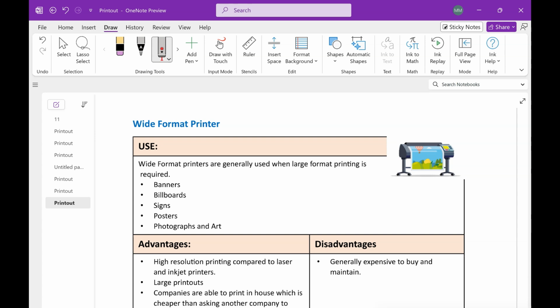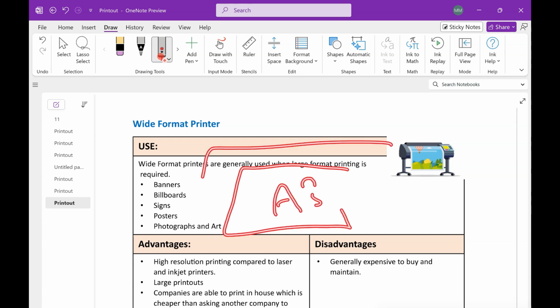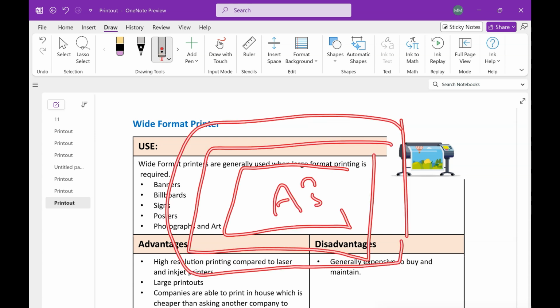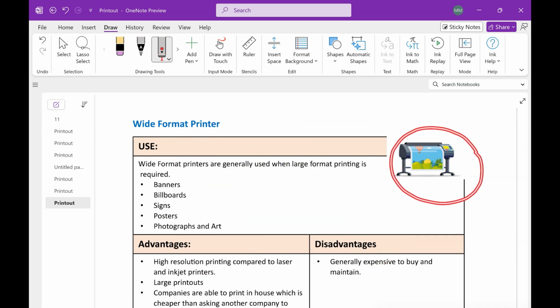Whenever we would like a very big advertisement or paper to be printed. For example, banners, billboards, signs, and you will see them from far away. You will find them nowadays whenever you are crossing a bridge. You will find big posters. These big posters are done using a wide format printer. So whenever you'd like to print on any paper greater than A3 in size, you will need a bigger printer such as this one.